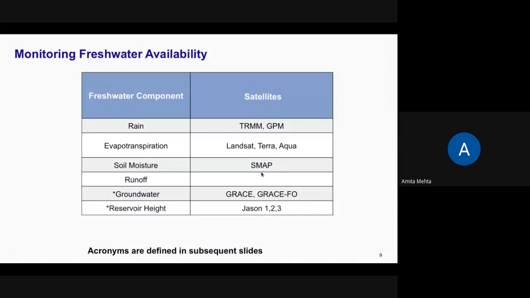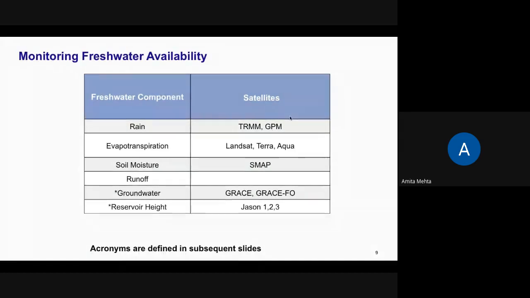Okay, so we'll talk about specific freshwater components as listed. How can we monitor these from satellites? Start with rain. I'm sure most people in India know about these two satellites, because precipitation and monsoon are so important. TRMM, the Tropical Rainfall Measuring Mission, and the Global Precipitation Measurement mission.